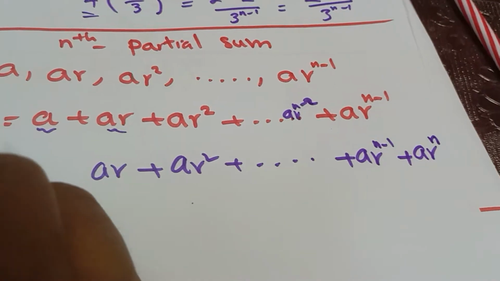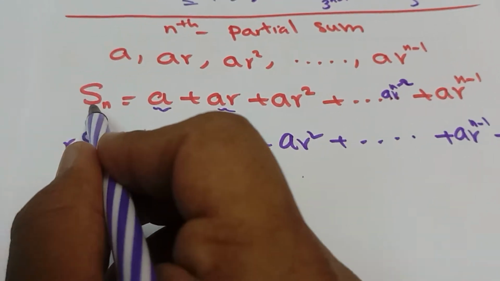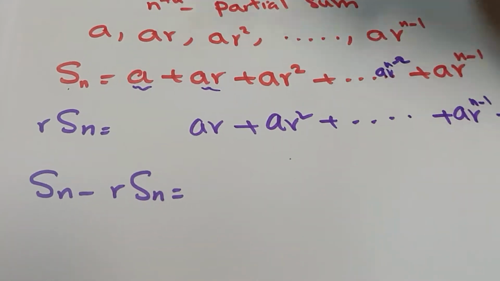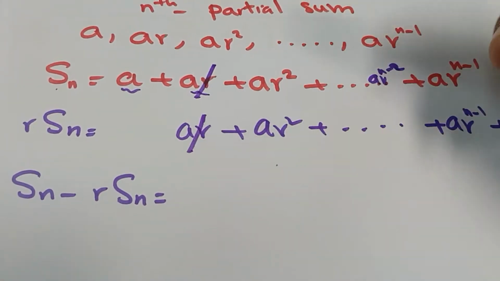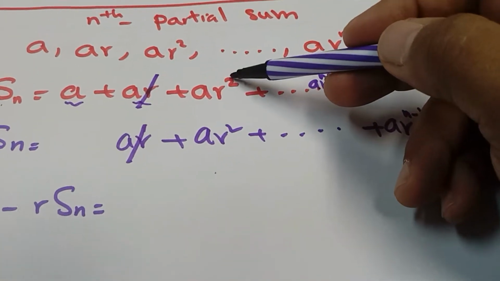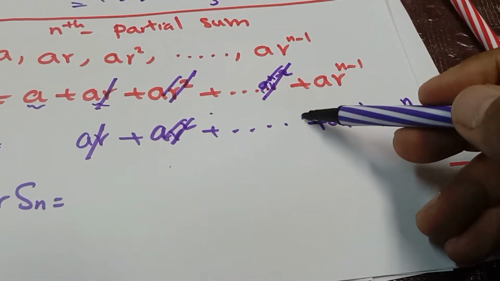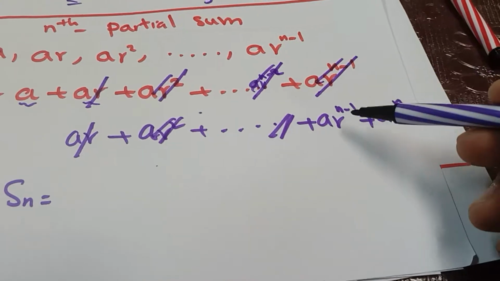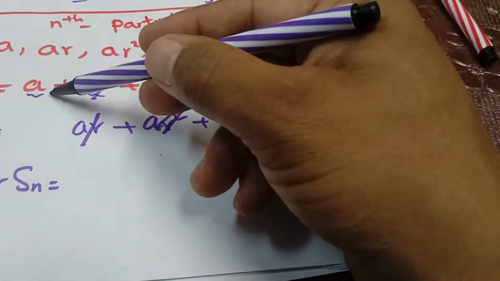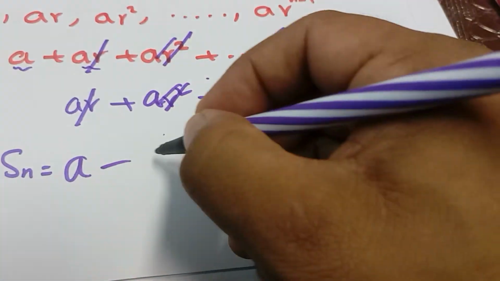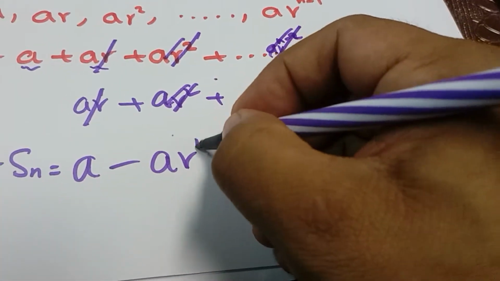Now let me subtract S_n minus r S_n. If I subtract ar minus ar, 0. That's why I arranged them in this way. ar squared minus ar squared is 0. This one will cancel, this one again will cancel here. So what's left is just the first term, a, and the last term, minus ar to the power n.